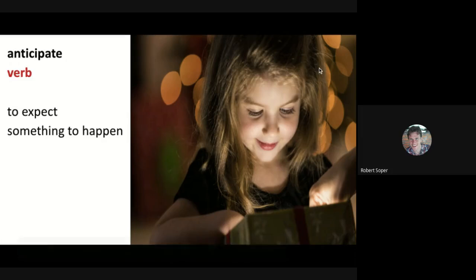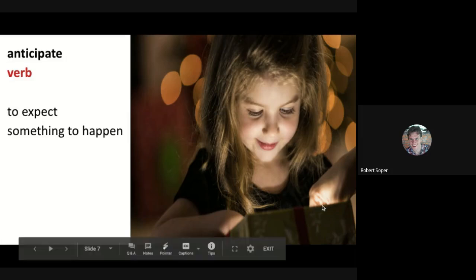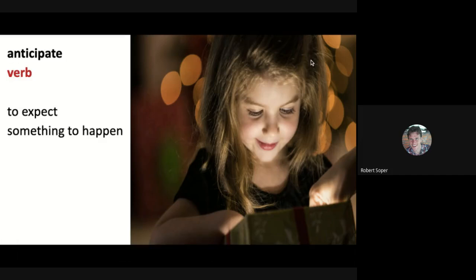So she's probably anticipating getting something nice, possibly getting something that she wants. That's what she's expecting to happen. So we can say she anticipates getting something nice. If she wasn't to get something nice, she'd probably be very surprised because she's not expecting that.